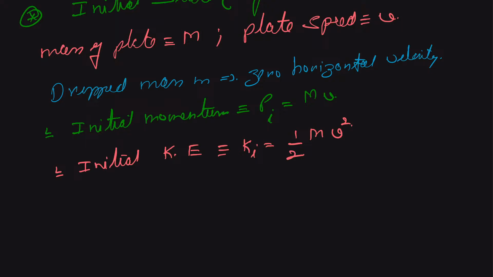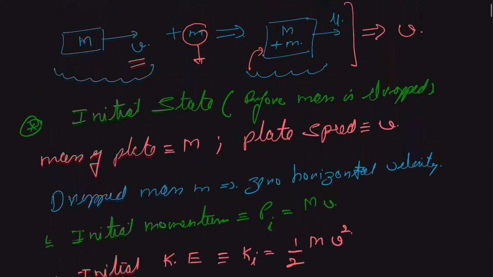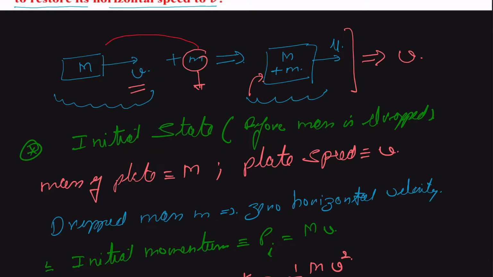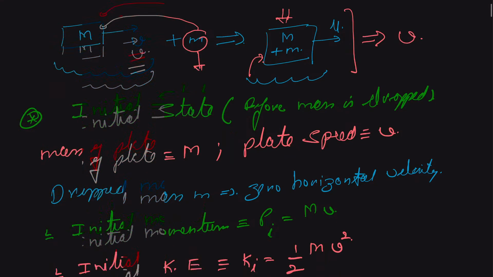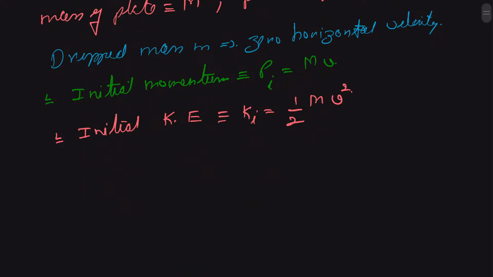And then it is given that as soon as this mass small m is dropped on the plate, they stick together. Okay? So they are moving, and in a fraction of a second they stick together. There is no as such delay between the two. So we can say that the dropped mass sticks to the plate immediately.